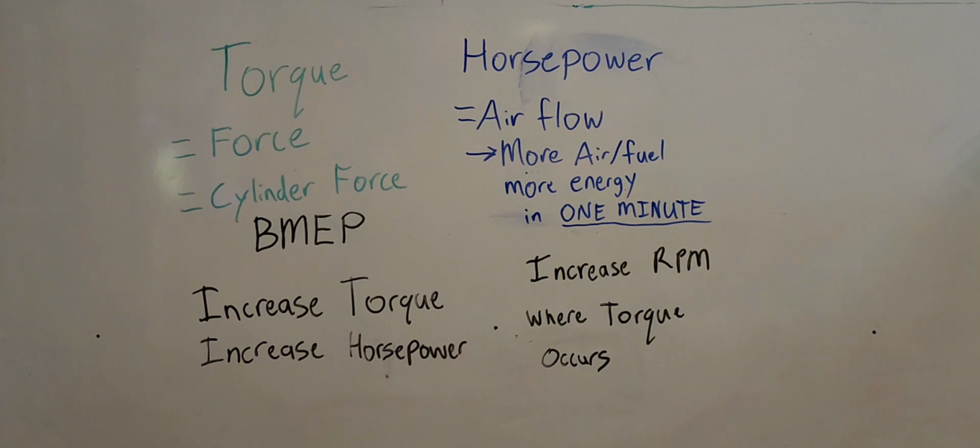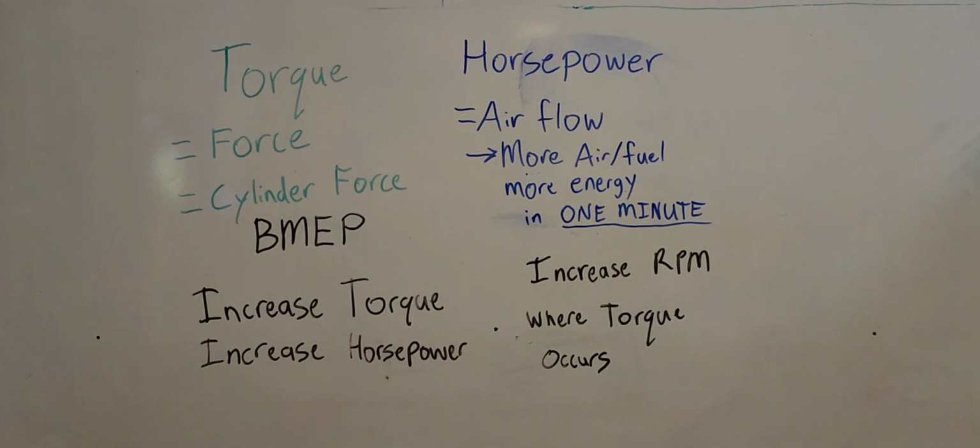To increase horsepower, you increase the airflow through the engine, so you need more air and fuel, which will give you more energy that the engine is supplied, so the output is naturally going to be higher, processed in the same amount of time. So to increase torque, we need to increase our brake mean effective pressure, and as a result we increase our torque, and because of this torque increase we increase horsepower.